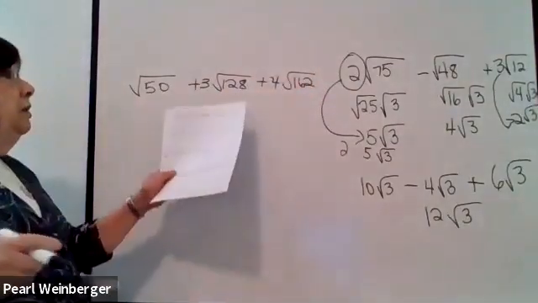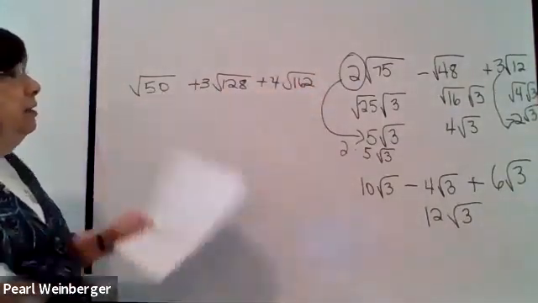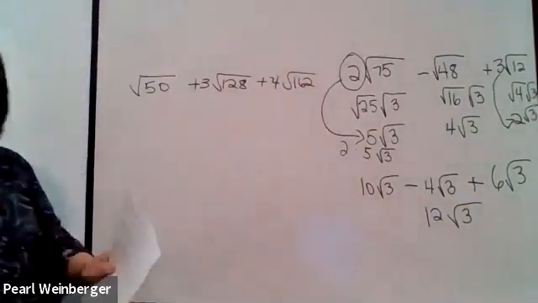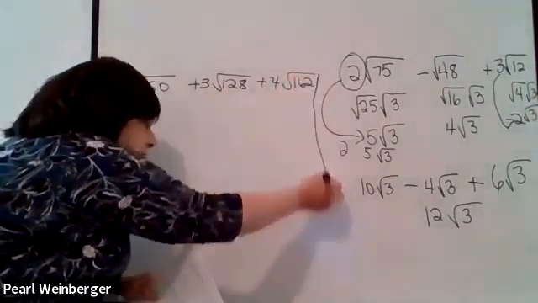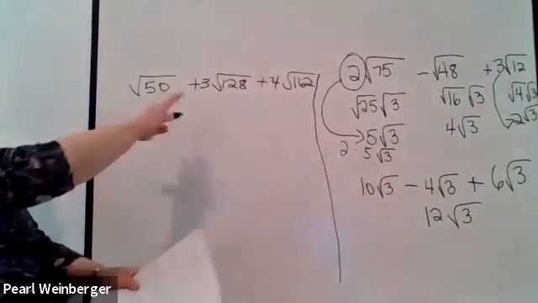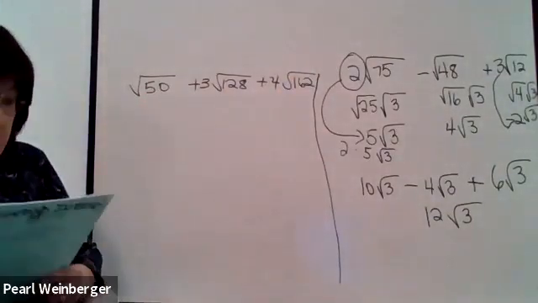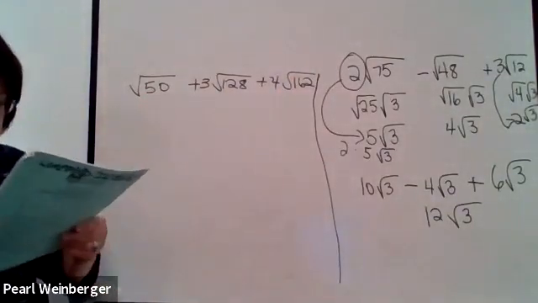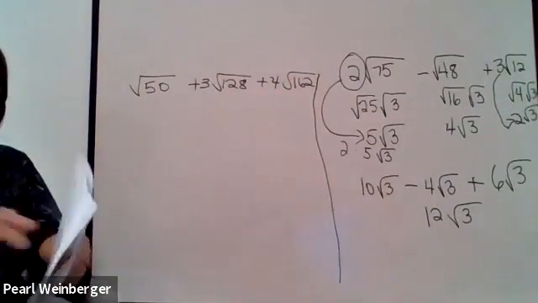See if you can simplify these radicals and somehow come up with an answer, because as they stand now, they are not like radicals. I'm going to give you a couple minutes to look at that.